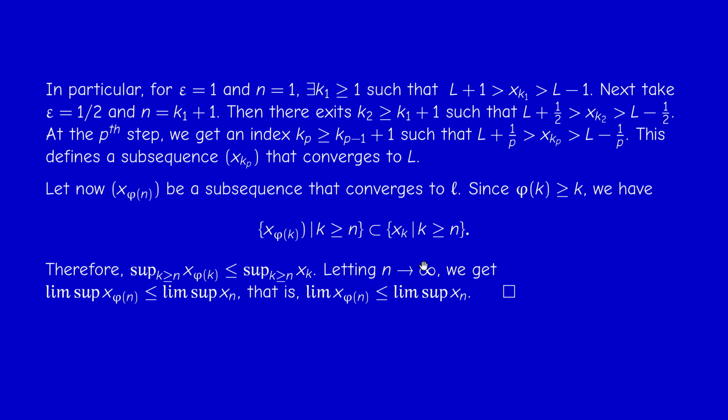And when we let n go to infinity, the first limit will be limsup of x phi n, and the second will be by definition limsup of xn. But our assumption is that x phi n is convergent, to some L. So the limsup is just the limit because it's convergent. So the limit of x phi n is less than or equal to the limsup of xn.